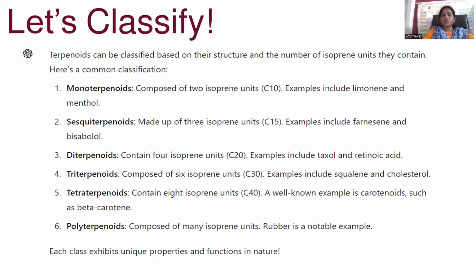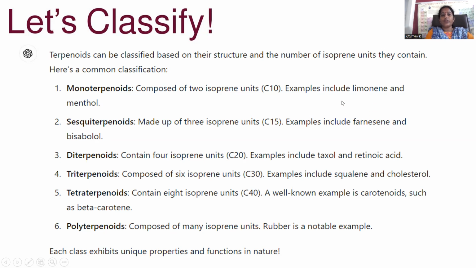Already we know isoprene is the compound where you can find four carbons and one side chain, a total of five carbons in chain length. When two isoprene units join, a C10 composition will be there, so it is a dimer, and we can regard it as a monoterpenoid.